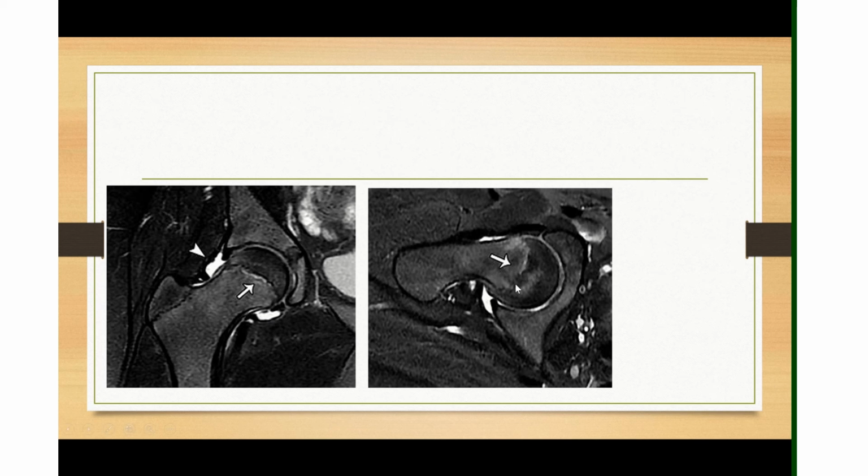Now, periepiphyseal bone marrow edema: you can see patchy bright signal or patchy hyperintensity there, which suggests bone marrow edema. These are the two findings, and the slippage may not be seen in such cases. So, in the early stage, this might be the finding on MRI, which is not seen on CT, and not seen even on X-rays.